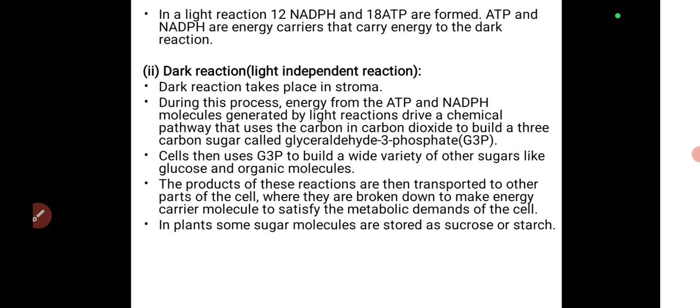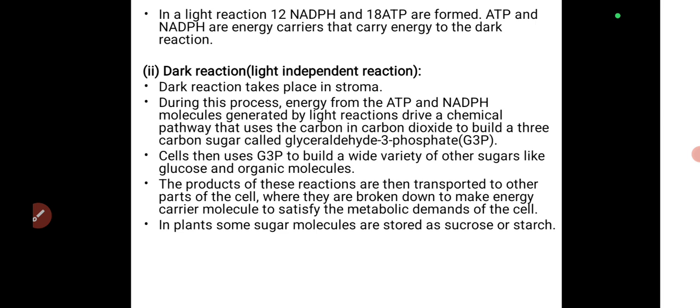During this process, energy from the ATP and NADPH molecules generated by the light reactions drives a chemical pathway that uses the carbon in carbon dioxide to build a 3-carbon sugar called glyceraldehyde 3-phosphate, also called G3P.